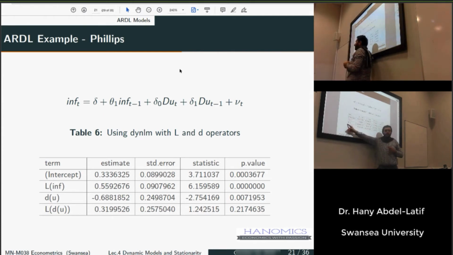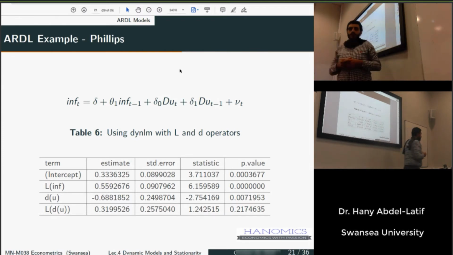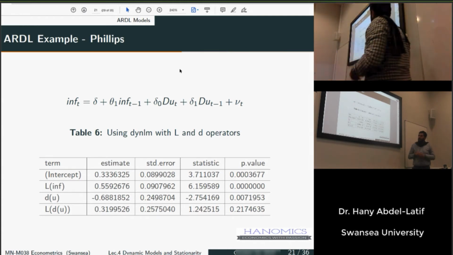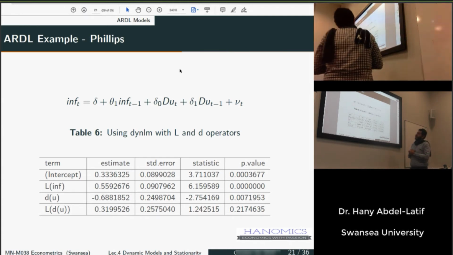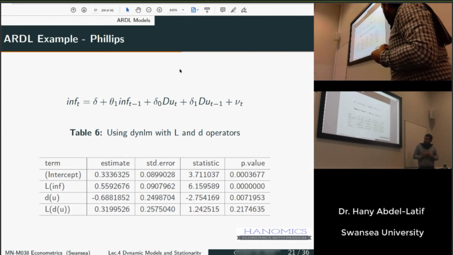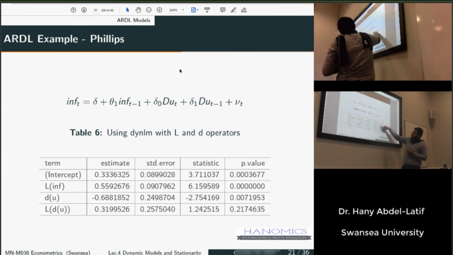L here is just the lag operator. Rather than saying t minus 1, I just added L. This is the difference operator, so that means it is the first difference, so it's the change. And you see these are all significant again.